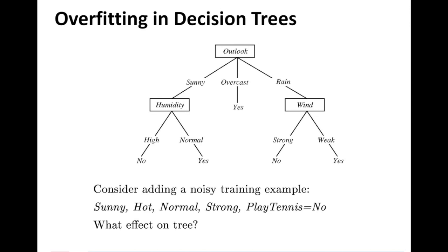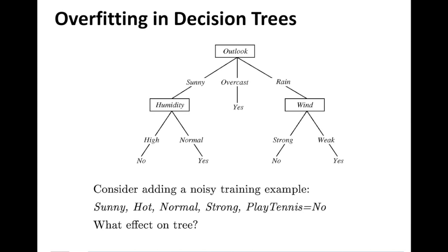And now with this new example, outlook being sunny and humidity being normal would have a play tennis decision of no. So now this path, outlook being sunny, humidity being normal, has been selected for a decision of yes.